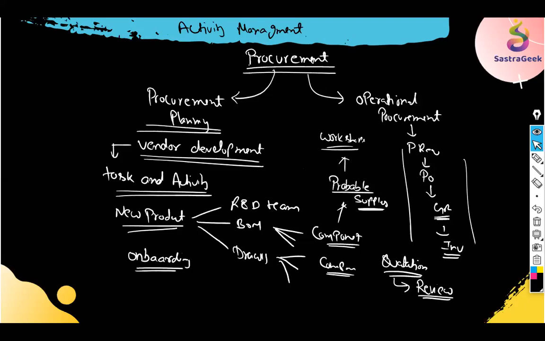Once the vendor is onboarded, you create the vendor in the system, right? But by the time the vendor gets onboarded, there are a lot of activities which need to happen at the back end. So these activities happen before the vendor onboard and after the vendor onboard also.